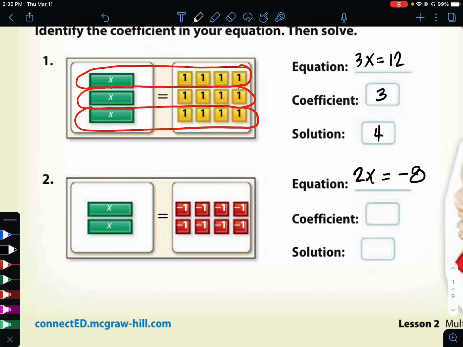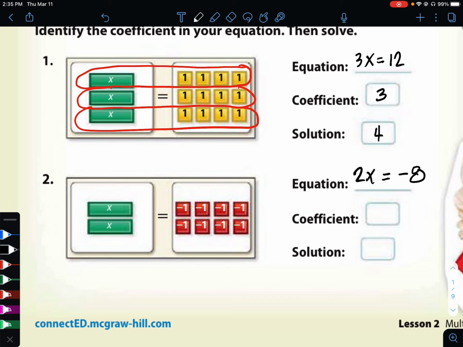Is it equal to 24? We know that a negative times a negative gives us a positive, so this is 24. Therefore, we've checked our solution. The solution is negative 3. All right, do the Got It problems A, B, and C. Let's see if you understand examples 1 and 2.